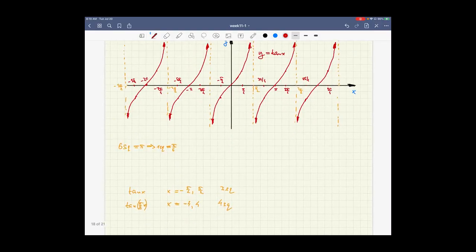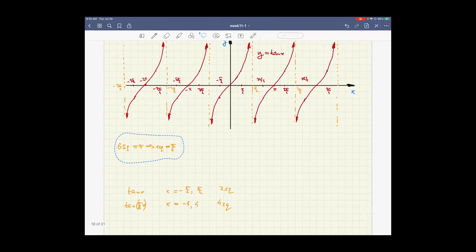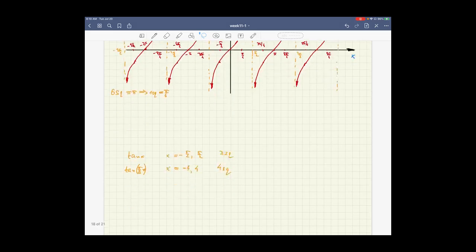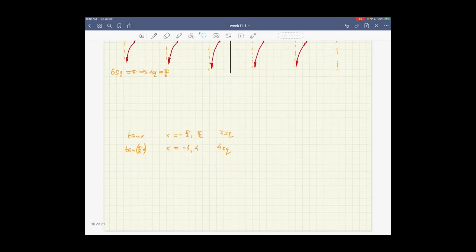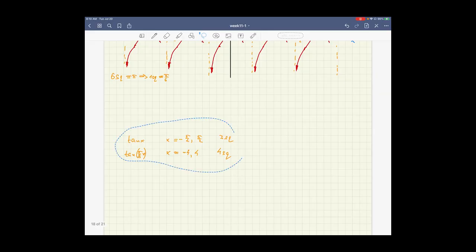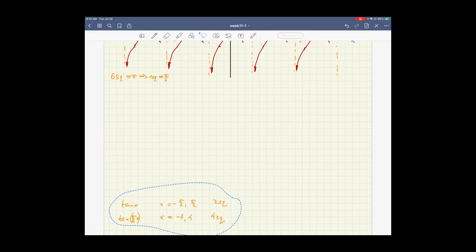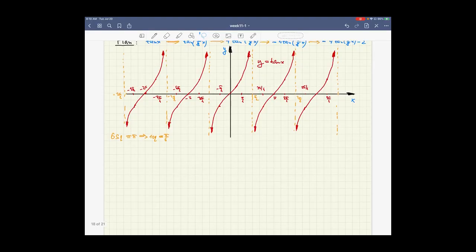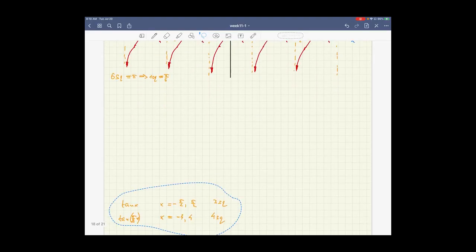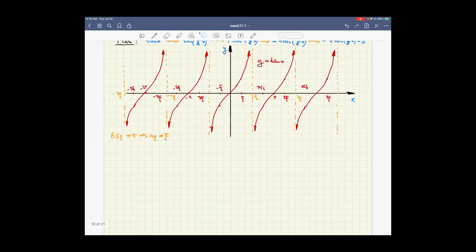Now, in this picture, 1 square equals pi over 6, so 6 squares equal pi. In my next picture, the scale that makes sense to choose is 1 square is 1 unit.